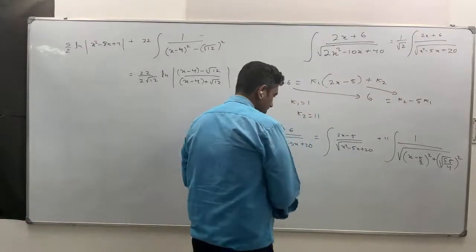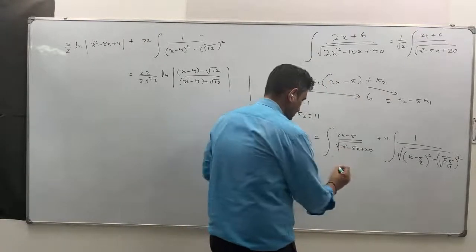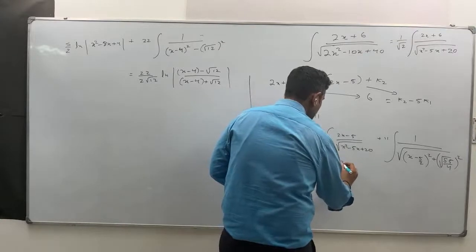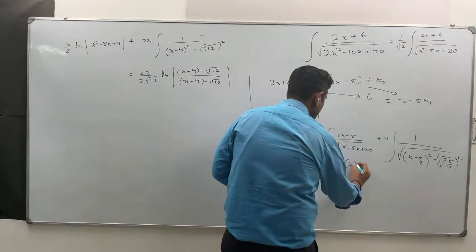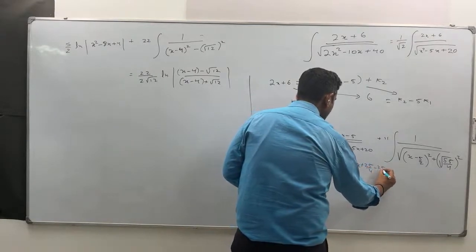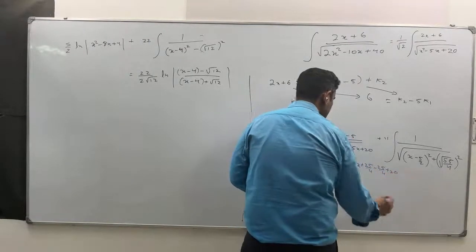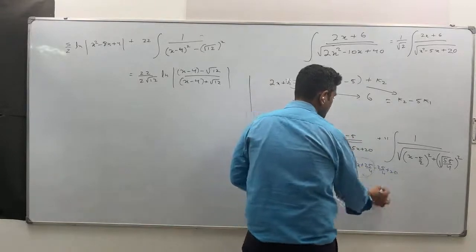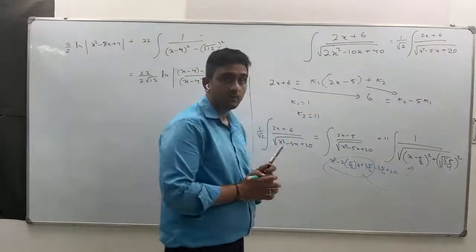So we write it as x square minus 2 into 5 by 2 x plus 25 by 4 minus 25 by 4 plus 20. It's about making a perfect square.